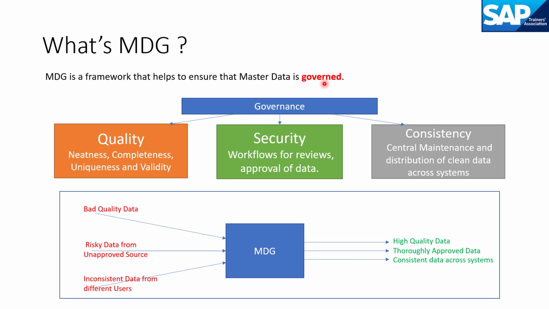When we say govern, it means a lot of things. Governance means quality, maintains quality. That means the data should be very neat, complete, unique, and valid. It should be secure. That means it should be created by a person who is authorized.